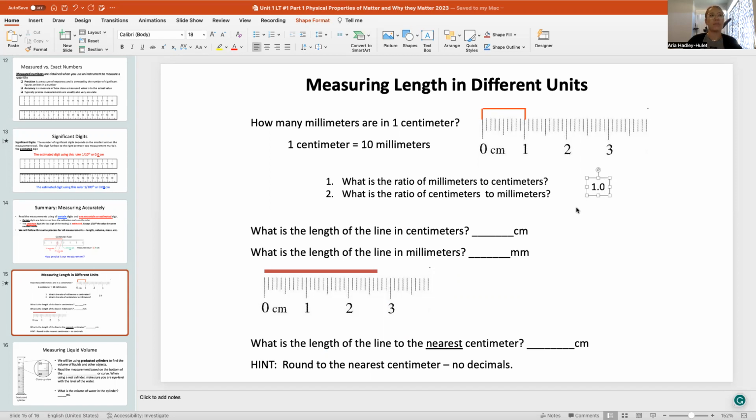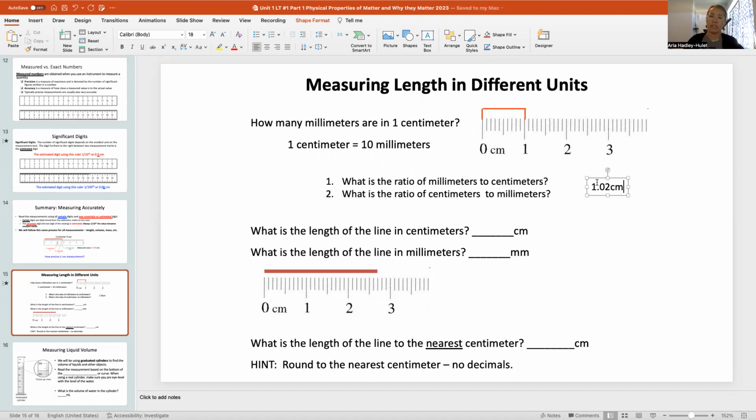And so now I can make an estimate in between because I certainly have not gotten to 1.1. That's the next line. I may just be a fraction of the way past that. I might be 1.02 centimeters. That would be a reasonable measurement.